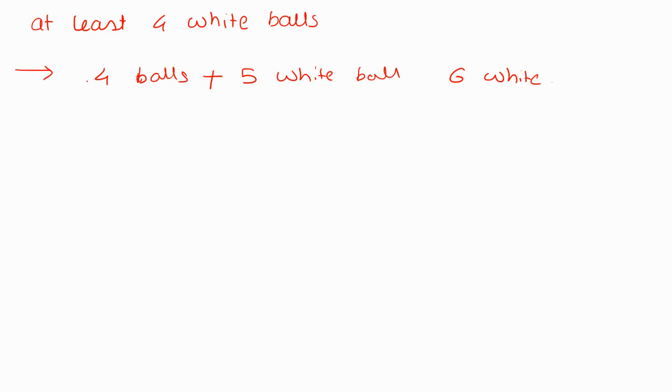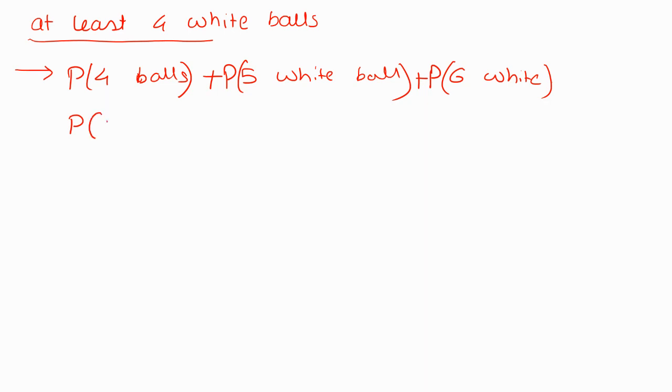Therefore, the probability of getting 4 balls plus the probability of getting 5 white balls plus the probability of 6 white balls will give the probability of getting at least 4 white balls, right? 4 or more is fine.